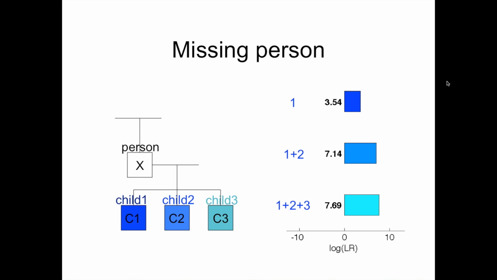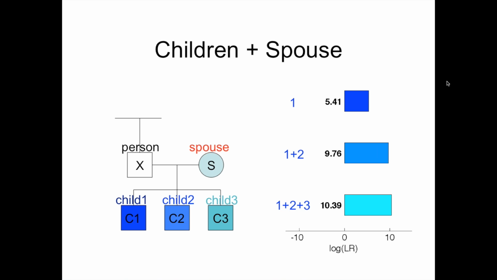And we see that as more children are used to infer this unknown missing person's genotype, we get increasingly higher match statistics when comparison is made with the correct missing person, with the correct individual. The numbers go from 3.5 with 1 child, and then move up to 7 when there's 2 or 3 children.